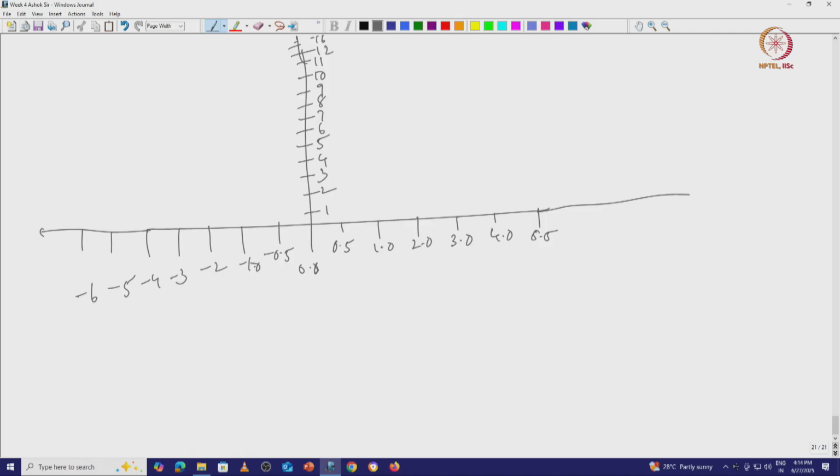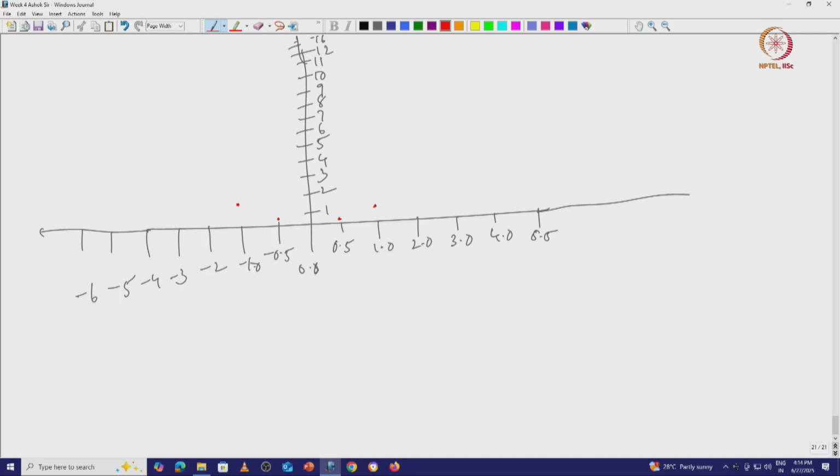How do the points look now? The points are 0.5, 0.25, minus 0.5, 0.25, then 1, 1, minus 1, 1.